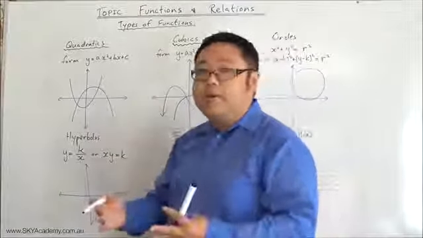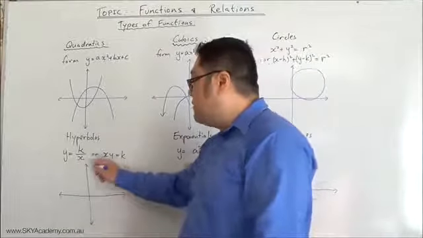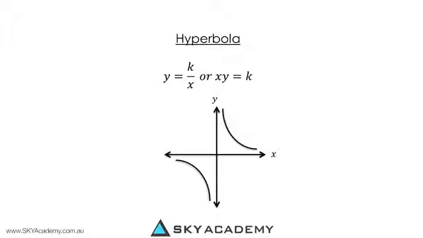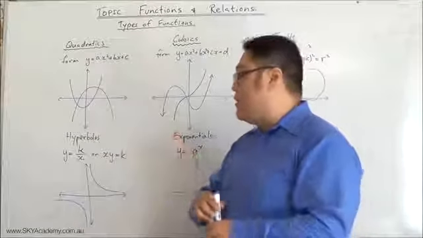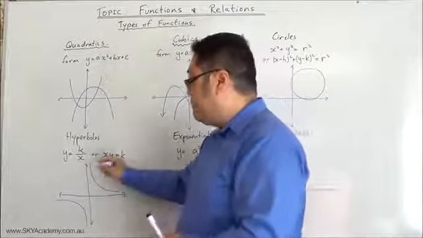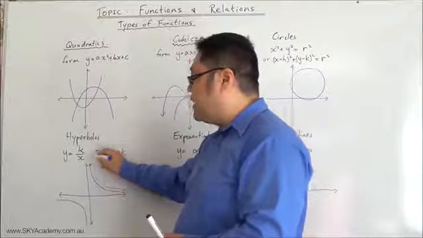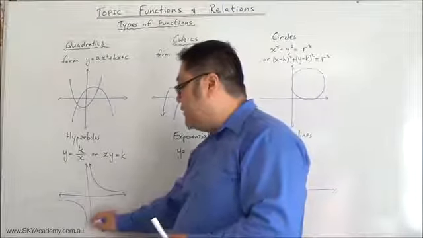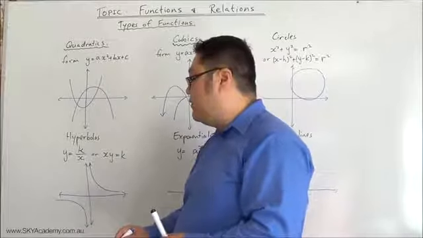We'll look at hyperbolas in a little more detail, but they basically look like that. If k is negative, then it'll be in the other two quadrants. What you will notice about a hyperbola is that it tends off towards positive infinity and keeps on going, and on the other end, it tends off towards negative infinity and keeps on going.